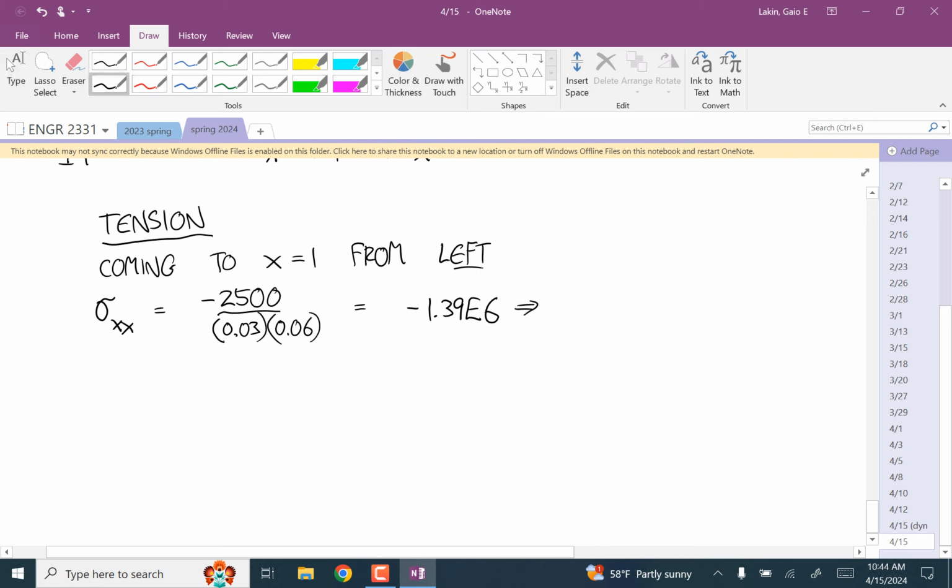So the stress tensor due to tension coming from the left side is negative 1.39, I'll just write it in megapascals.